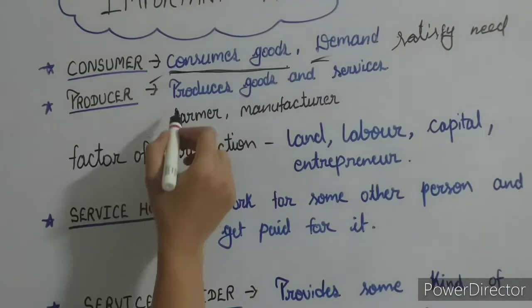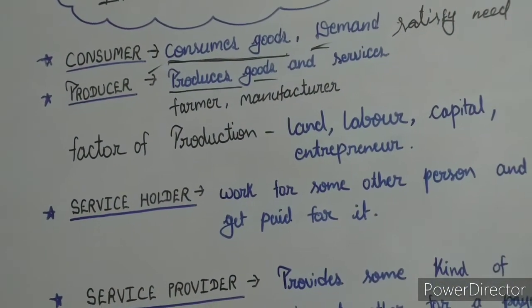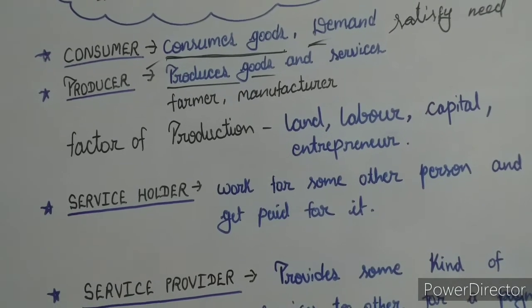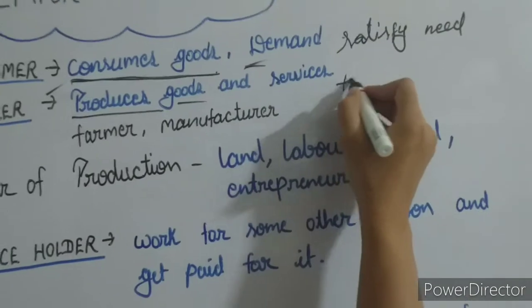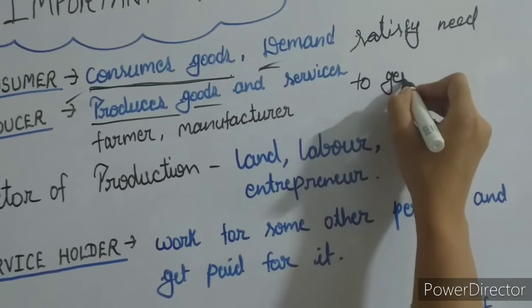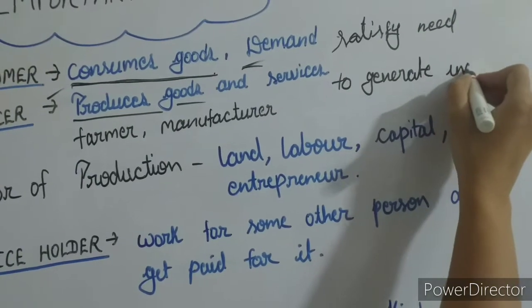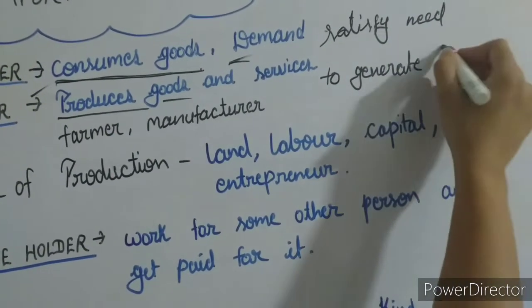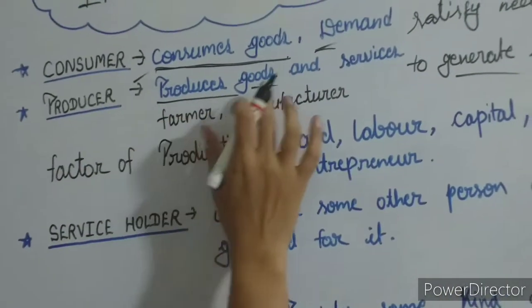Then producer. Who is a producer? A producer is a person who produces goods and services. Why does a producer produce goods and services? To generate income. For the purpose of generating income, a producer produces goods and services.